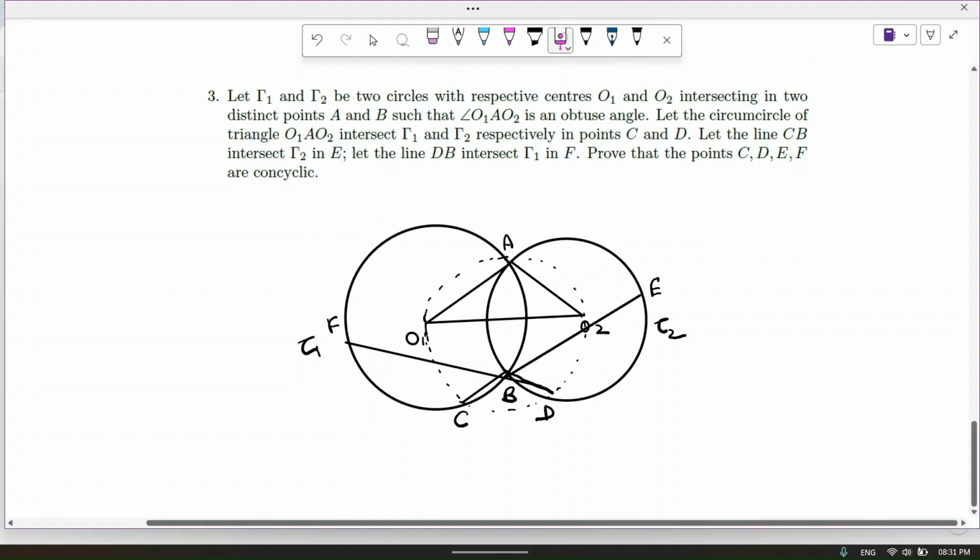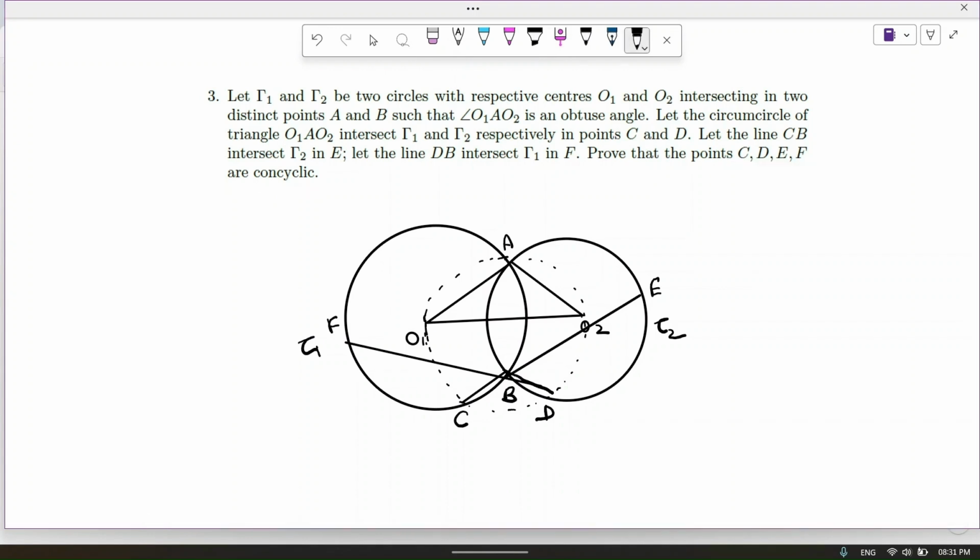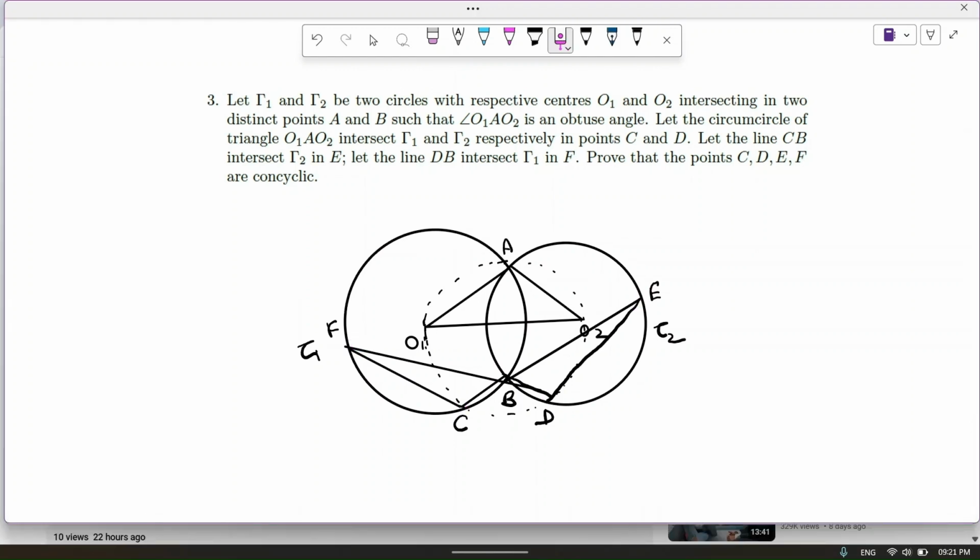What we need to prove? That C, D, E, F are concyclic. Means these 4 points, 1, 2, 3, 4, are concyclic. To prove 4 points concyclic, I just needed to prove this angle is equal to this angle.